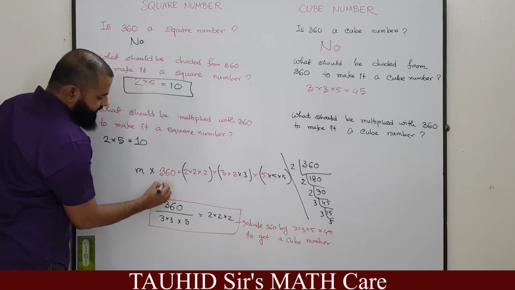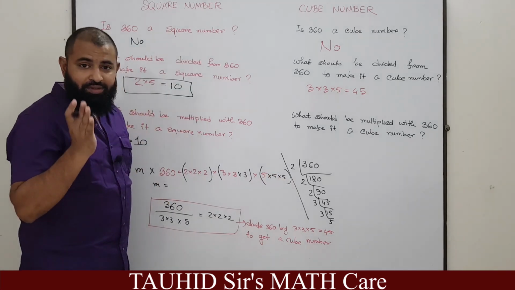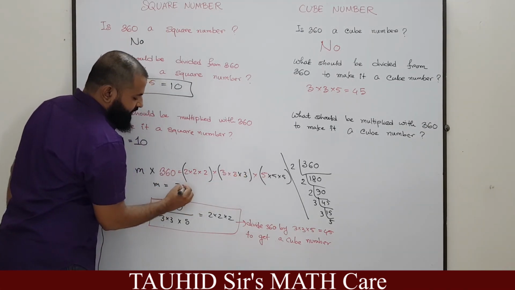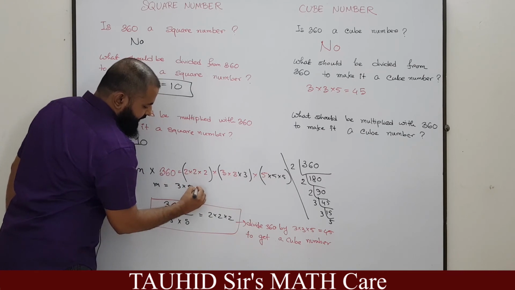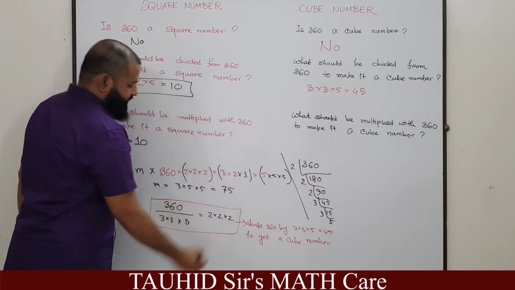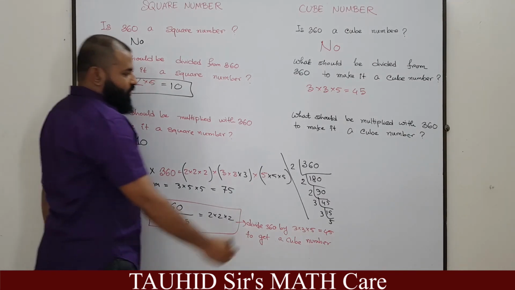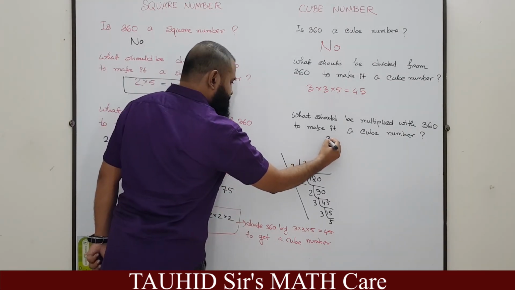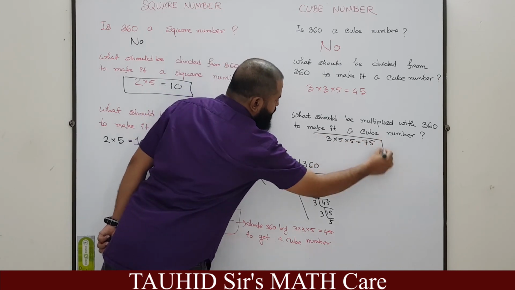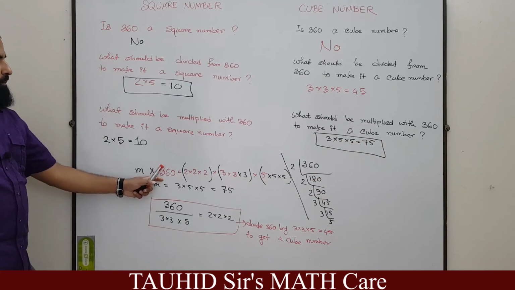So we can say that m equals those factors which we wrote later: 3 into 5 into 5. That means m equal to 75. We must multiply by 3 into 5 into 5 equal to 75 to make this a cube number.